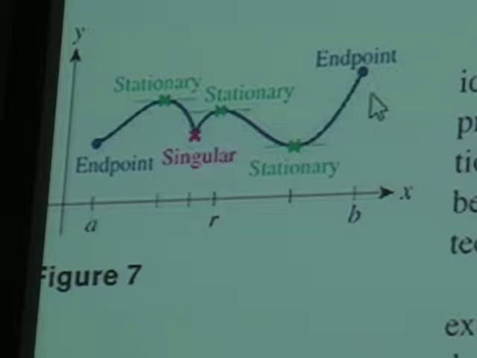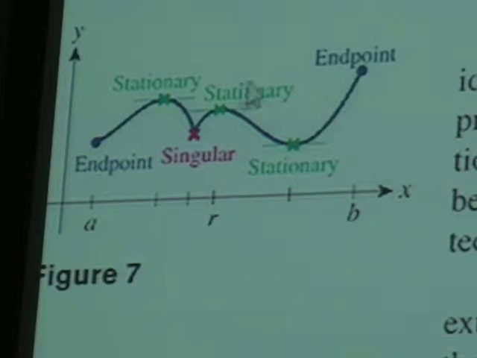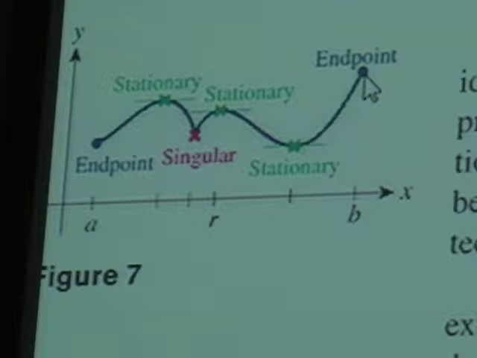So you can't have a limit here, and you can't have a limit here, so you can't have a derivative there or there. So the derivative doesn't exist at the endpoints. Therefore, they're not going to be considered stationary points because you can't say the derivative is equal to 0 if the derivative doesn't exist. Any questions?